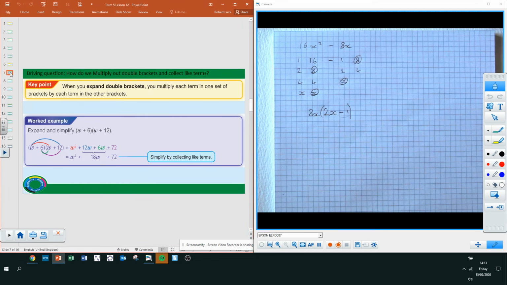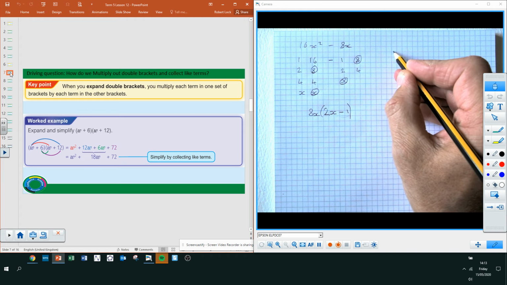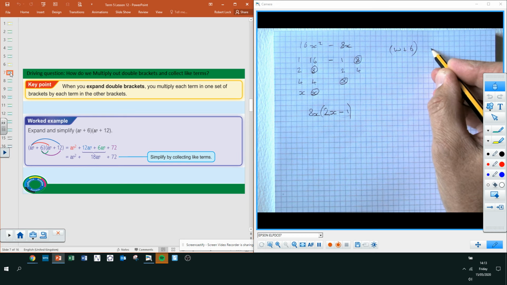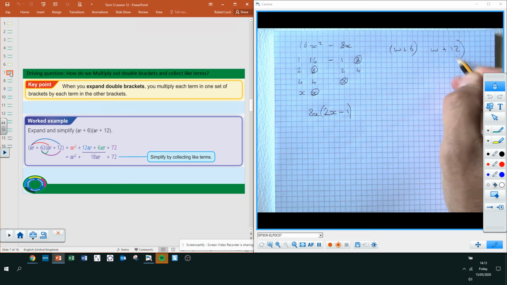Remember, when you expand double brackets, you multiply each term in one set of brackets by each term in the other brackets. So here we've got to expand w plus 6 and w plus 12.